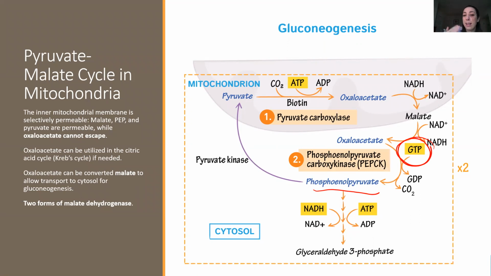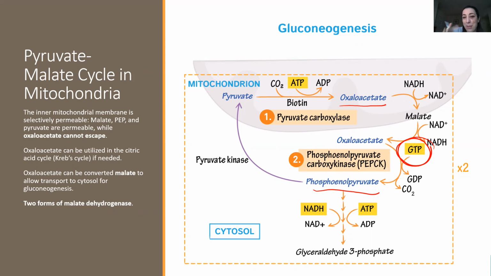But to do this, it has to first be converted into malate. So oxaloacetate and malate can be converted between each other within the mitochondria. And through this, the malate can then be shuttled out of the mitochondria, converted back into oxaloacetate.